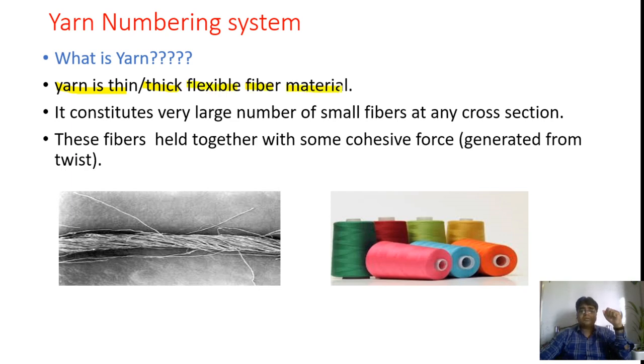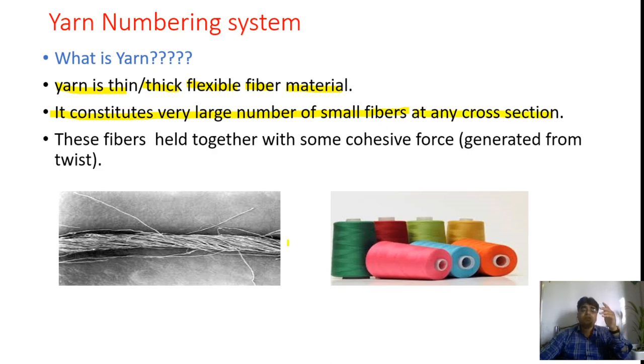It may be thin, it may be very thick in nature, and it is made from fibrous material. It contains a very large number of small fibers at any cross section.